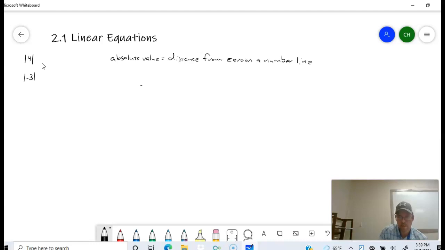All right, so I have a number line. It's not a very straight one, but it is a number line. There's 0. 1, 2, 3, 4, 5. 1, 2, 3, 4, 5.